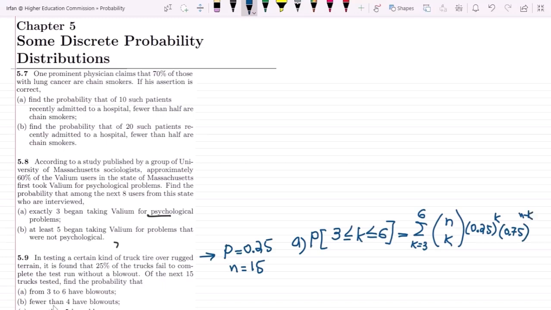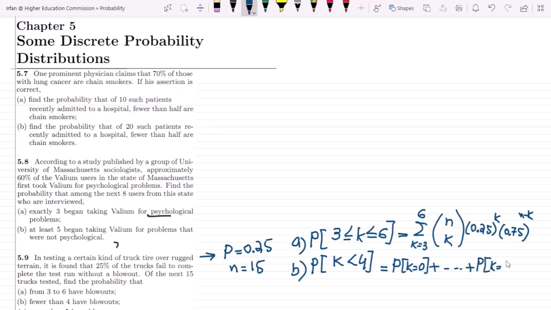For part B of my question, fewer than 4 have blowouts. Okay, so I have to find out the probability that k is what? k is less than 4. Okay, and this we can very easily see, that it will be from k equal to 0 up to k equal to 3.